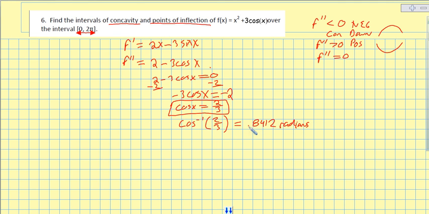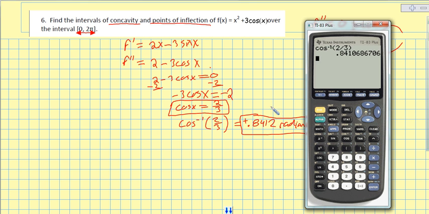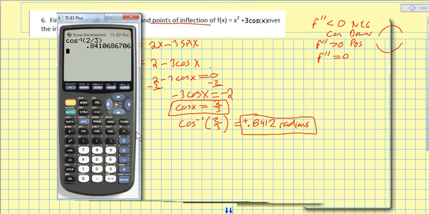And this is a positive value, right? So if we think about this for a second, we have to take a look at our unit circle. Well, let's drive home the point real quick.